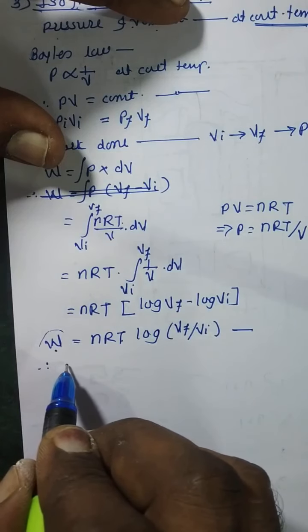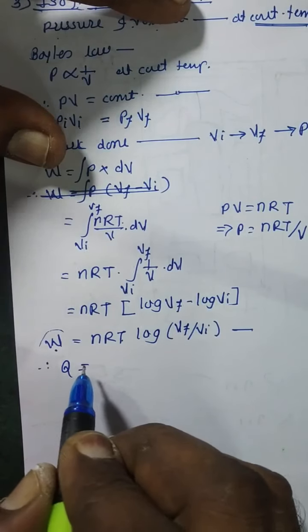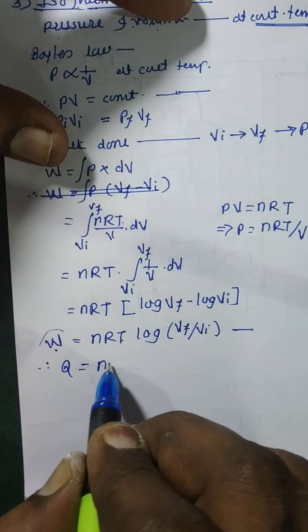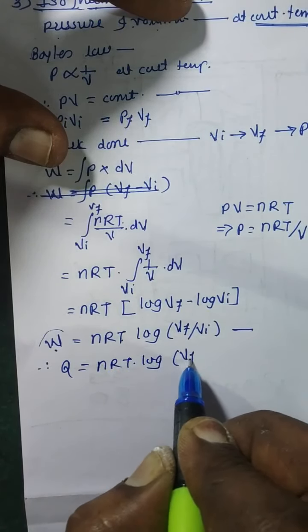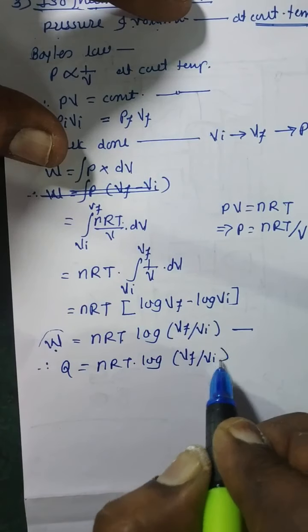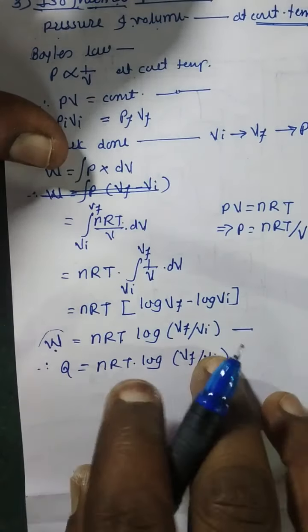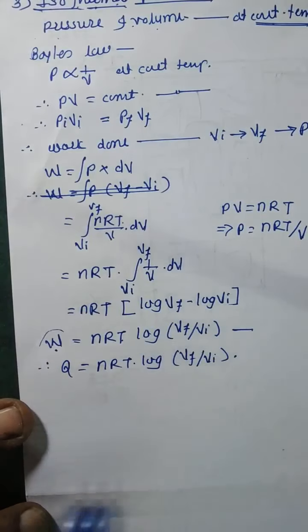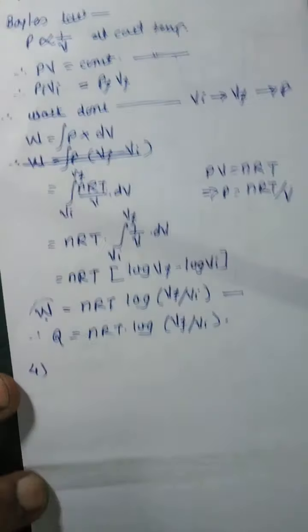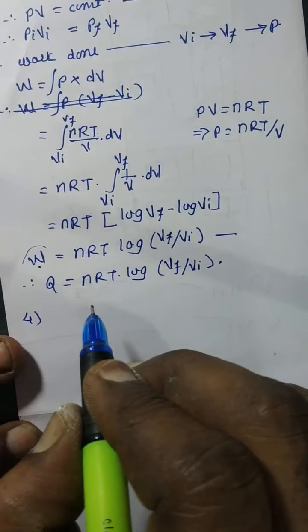Therefore, heat Q is equal to nRT into log of Vf by Vi. This is about the isothermal process. Fourth one, that is isobaric.